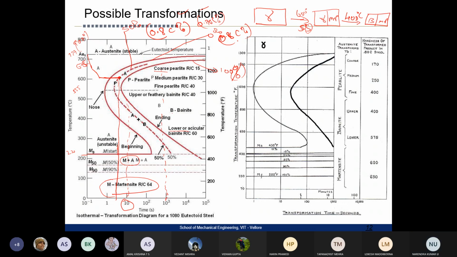So it starts with the 0th second. After 5 seconds, it's at this position, maybe. And after the 5th second, you do the quenching at 400 degrees Celsius. For sure, this is the first transformation, and this is the second transformation.